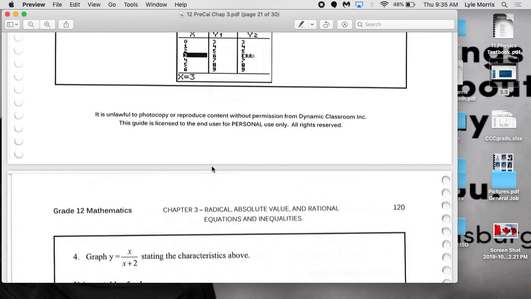So if a 3 makes it undefined, that's from the original. Even though it's canceled and you don't see it anymore, the original can't have it. It's very important. Tomorrow we're going to be doing solving, and lots of stuff is going to be canceled. When you solve, it might be x equals either 5 or 7, but if in the very beginning you had x minus 5 and x minus 7 in denominators, then it has no solution.